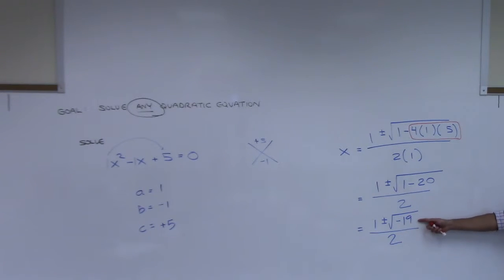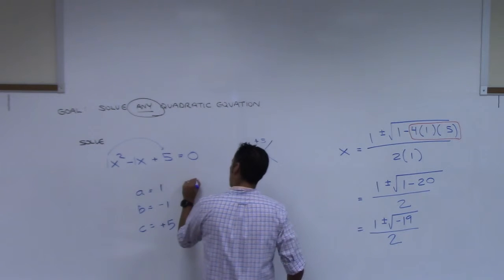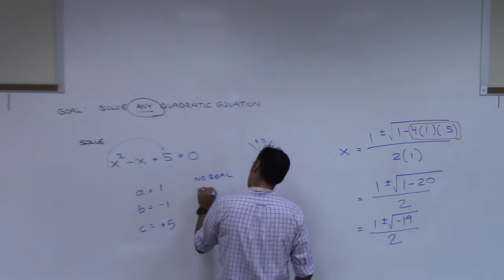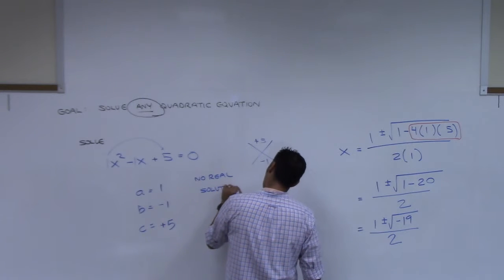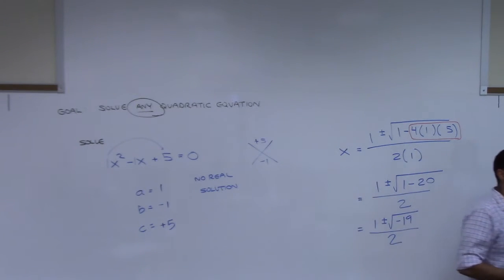Square root of a negative number. That's an imaginary number. I told you, when we see that, that's a problem. So what we would say here, at this point, is no real solutions. There's no real solution to that quadratic equation.